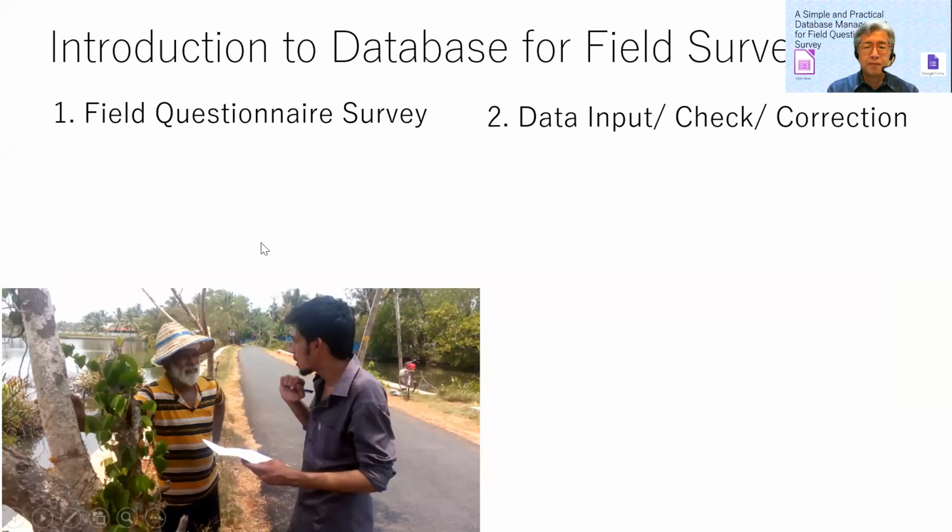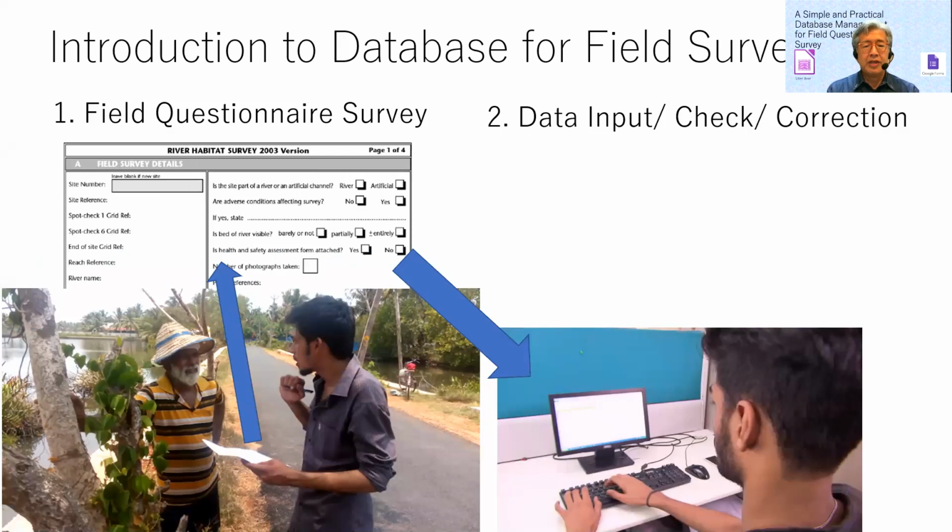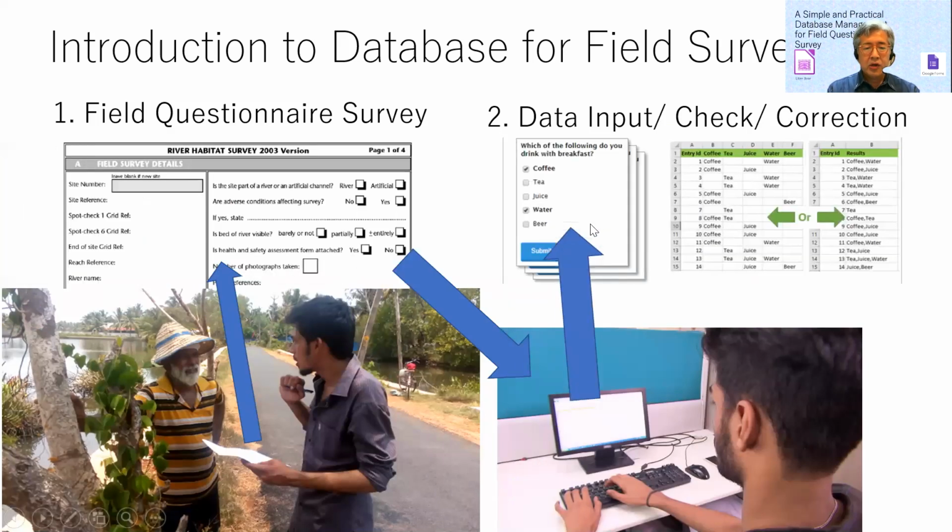So this is a very generic process of how to conduct the field survey and data input. When you go into the field and interview beneficiaries, their opinions or situations are captured and recorded on paper. After that, this paper questionnaire form is input into the database software, then later it's aggregated into tabulation form.